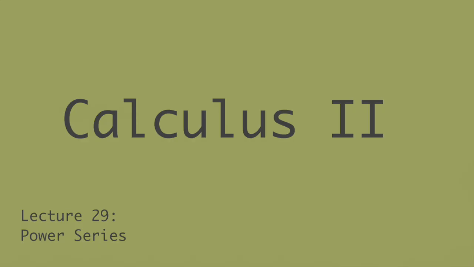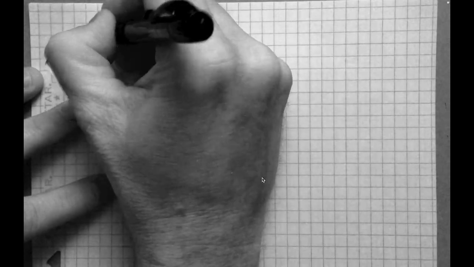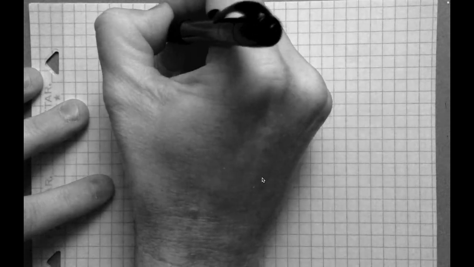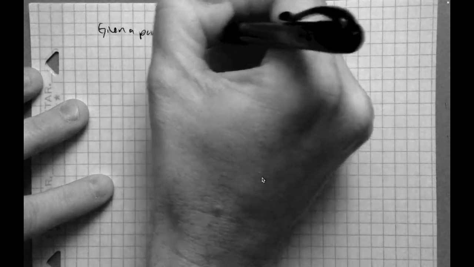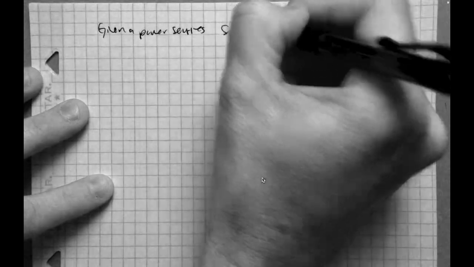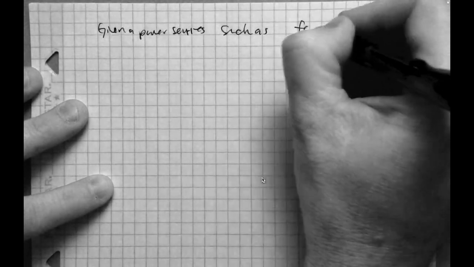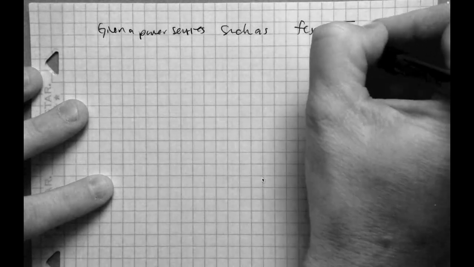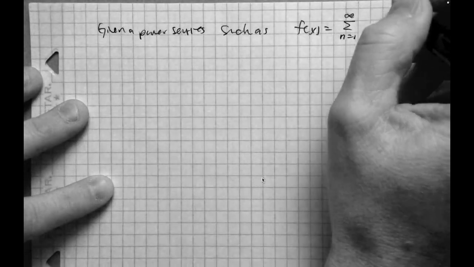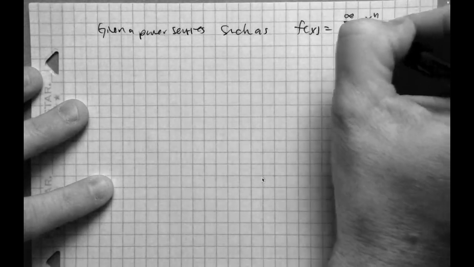Okay, so where we left off previously was with examples where we were given a power series, such as f of x equals the sum from n equals 1 to infinity of x to the n over n.